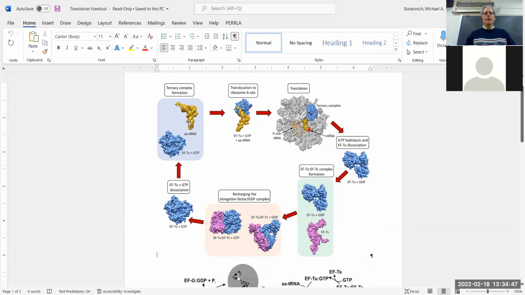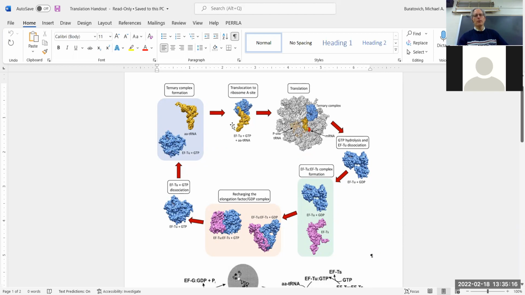So the next charged tRNA is brought to the ribosome in bacteria by this elongation factor called EF-Tu. EF-Tu is a GTP binding protein. So this complex of EF-Tu plus GTP plus the charged tRNA is brought to the ribosome.